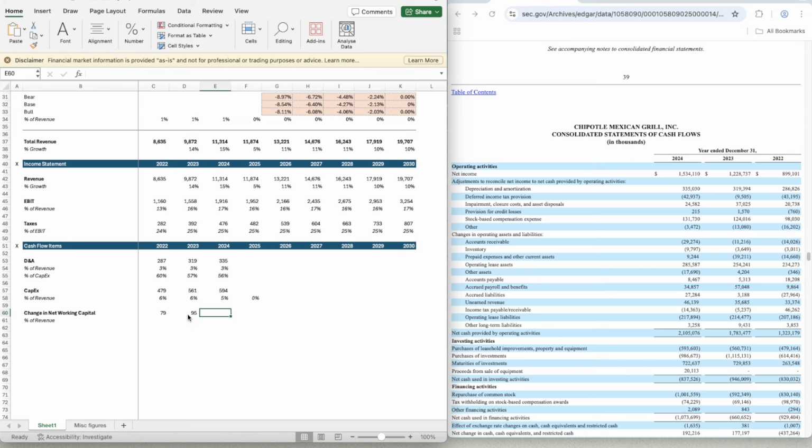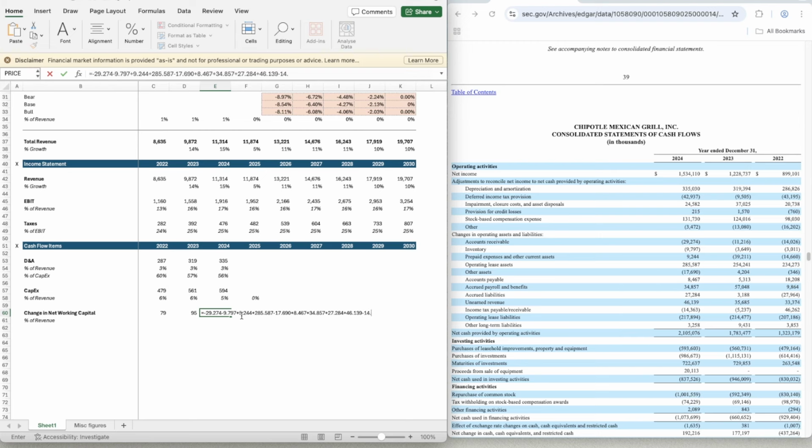Now we move on to 2024. Almost done now.